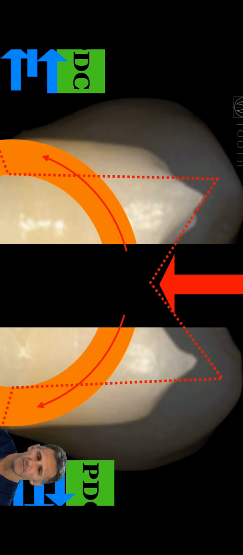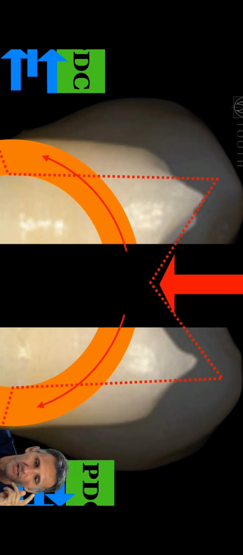But what is the problem? The problem is that when we do a crown, the crown reinforces the residual dentinal structure, putting a more compressive force, not absolutely, on the residual dentinal structure.